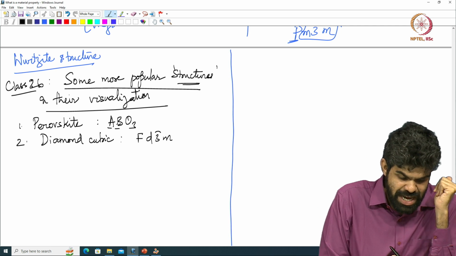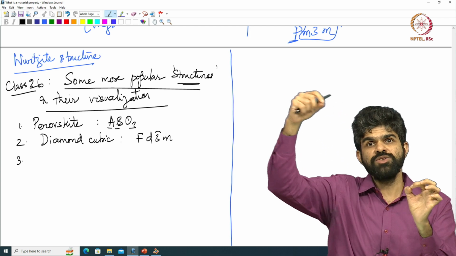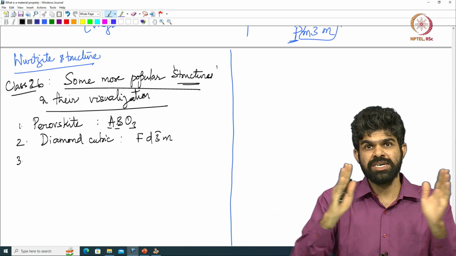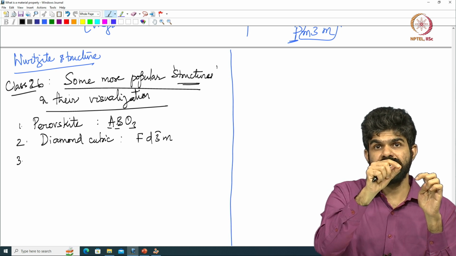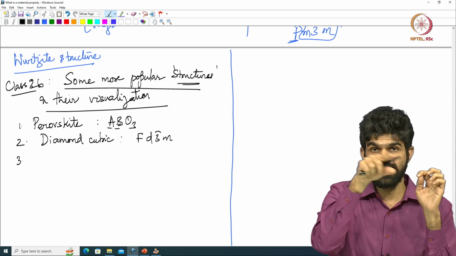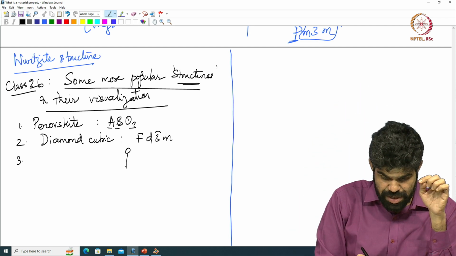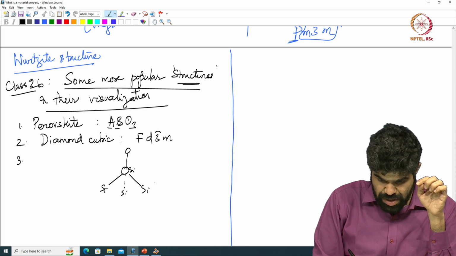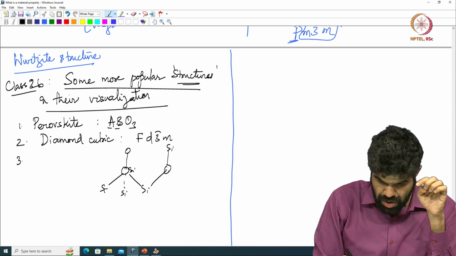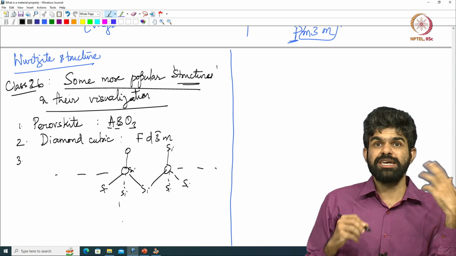So that is what we looked at, and from diamond cubic we said, all right, these are a bunch of tetrahedra arranged in a certain very ordered fashion, and the tetrahedral central position is also occupied by the same atom as is occupied by the edges of the tetrahedron, right. And then all of them are arranged in a very nice manner where you do not lose the 4 bar axis of symmetry, and so on and so forth, right. So this is going to be an Fd3 bar m structure.